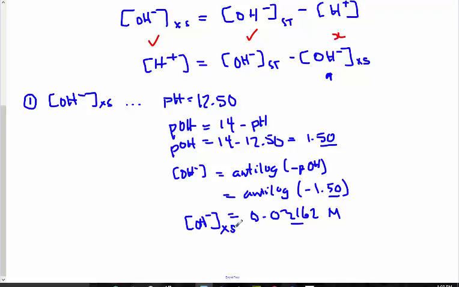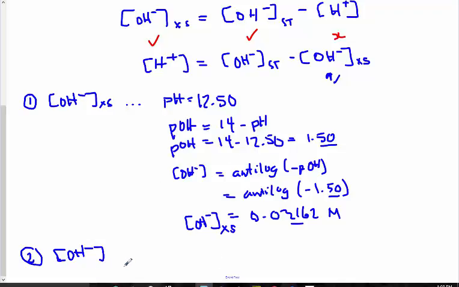So I've solved for this one up here, and now I need to go back and figure out, when I first mix these together, what concentration of hydroxide ion did I introduce into the solution. So I'm looking for the concentration of hydroxide ion starting, or in other words, the concentration of hydroxide ion right after the dilution, so before it has a chance to react with the H+.